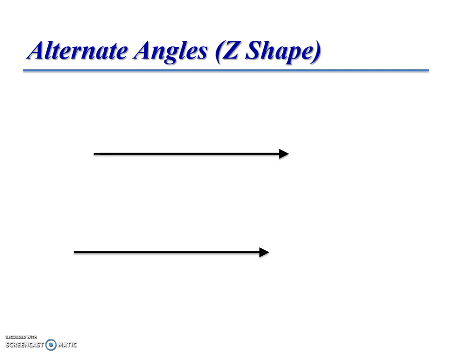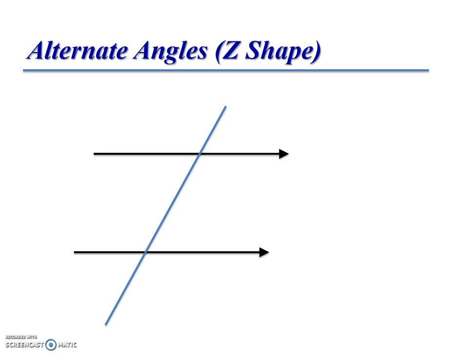The two lines are moving in the same direction. So these two arrows will tell you that these lines are parallel. Now all you have to do is to draw a transversal line. A transversal line is a line that cuts the parallel lines.